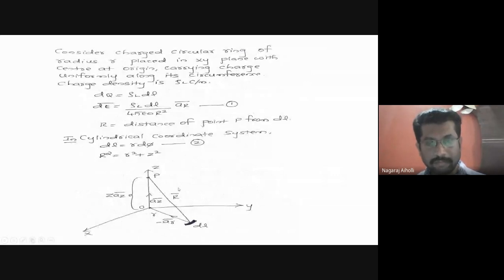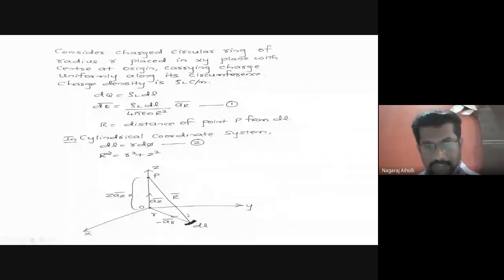R bar is obtained from two components. If we are finding the distance vector R bar in the cylindrical system, the first component is the distance small r in the direction of minus aR bar. Now you may ask, why are you considering it as minus? Why not plus? Because the normal direction we considered till now was from P outward, which we considered as plus.